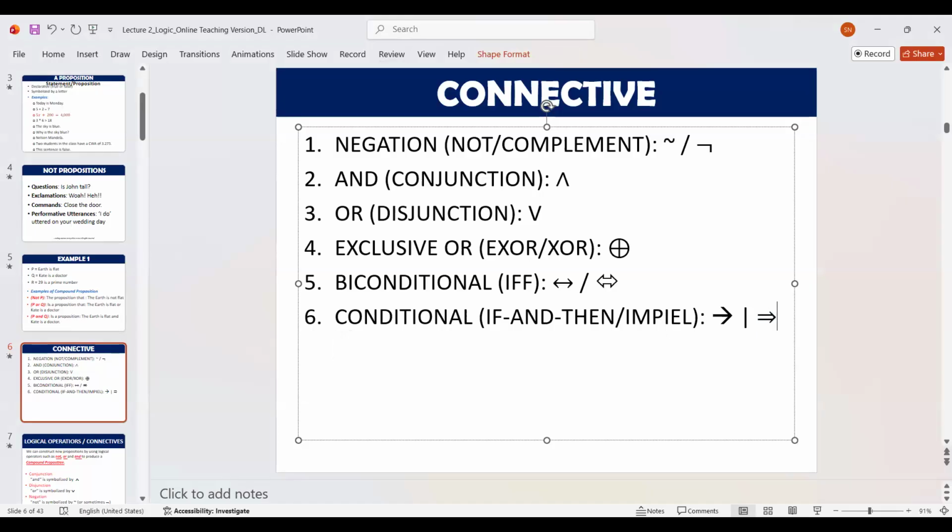So this is biconditional. Okay, so these are the connectives that you are supposed to be familiar with.